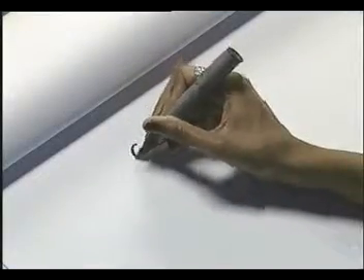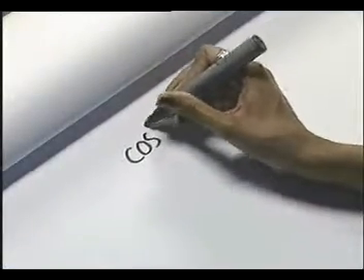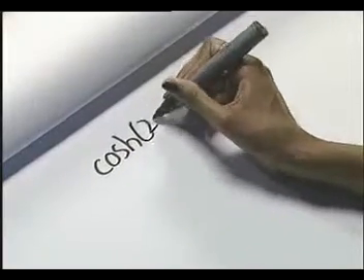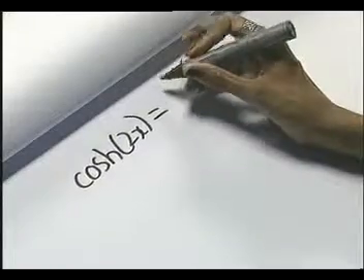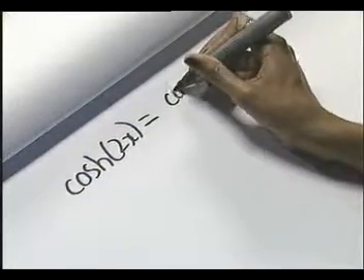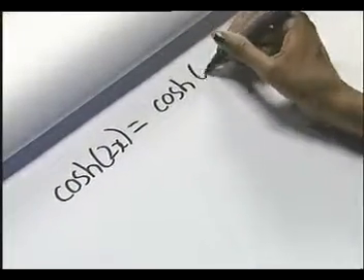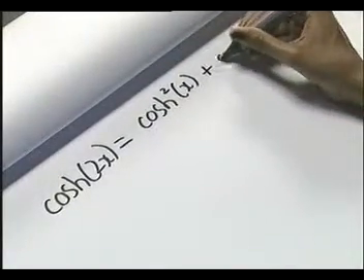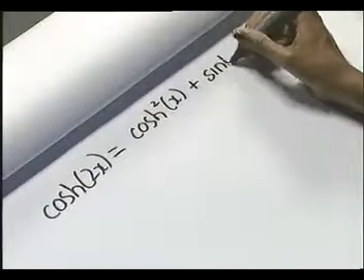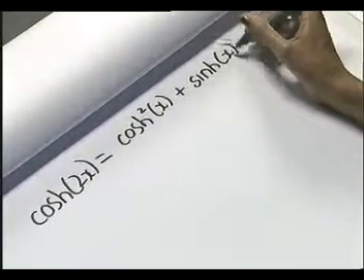Now here are some more identities which you can prove yourself. The first one is cosh 2x is equal to cosh x squared plus sinh x squared.